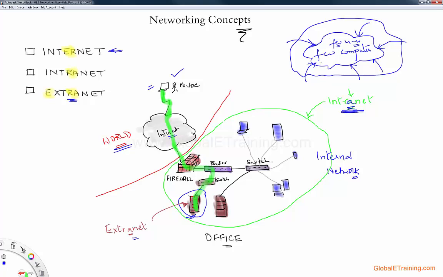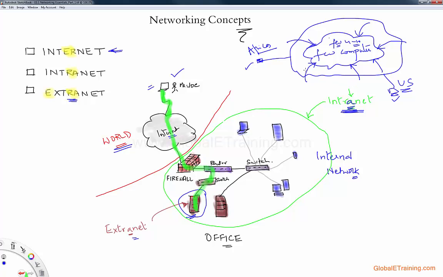It's all over the world. If you're connected in, say, Africa to the internet, and let's say in the US you're connected here, these two machines can communicate. It's a common network. So the internet is nothing but a network of networks. It's a huge network.